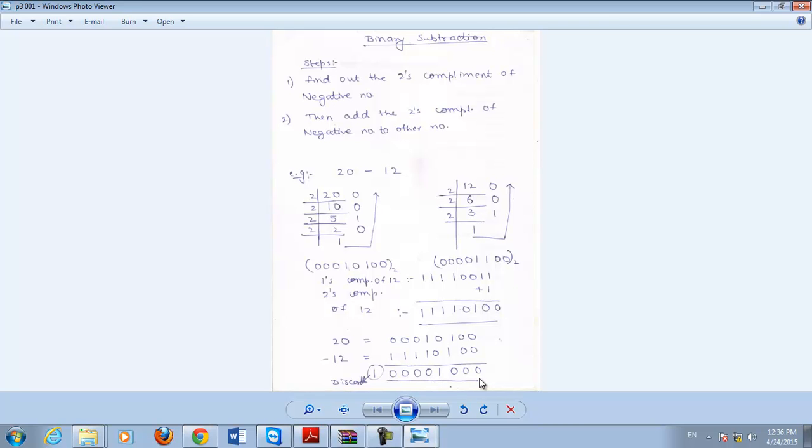This is the process of binary subtraction, and there are 3 to 4 questions of binary subtraction in your question paper. Means from the exam point of view, binary subtraction or 2's complement is an important section in this unit or in this session. If you have any queries, then you can ask.